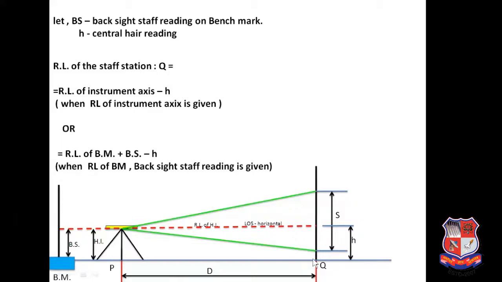And the other equation to find the RL of the staff station Q is: RL of Q is equal to RL of benchmark, RL of this point, plus backside staff reading minus h. This equation you have to use when the RL of the benchmark is given and the backside staff reading is given. So friends, up to here we are keeping in this lecture.